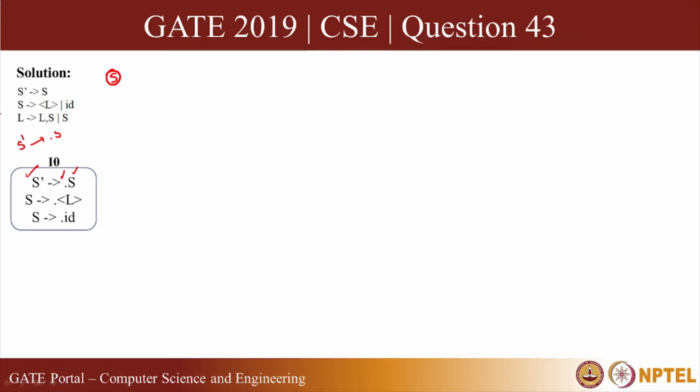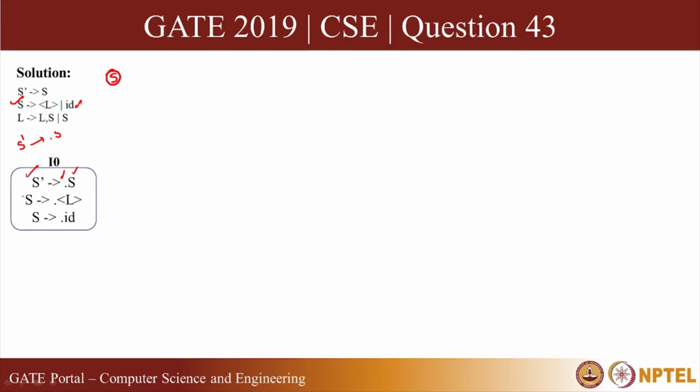Here we have two production rules, S goes to less than L greater than, and S goes to id. Those two will also come and we have not parsed them yet. So this is the very basic or initial situation.